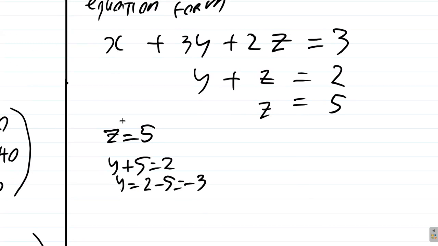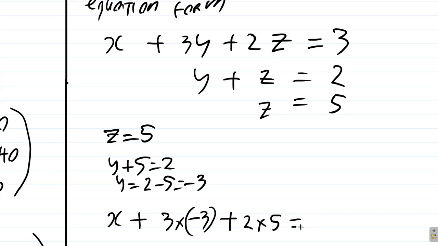We substitute those in row 1: x plus 3 times y, which is negative 3, plus 2 times z, which is 5, equals 3.